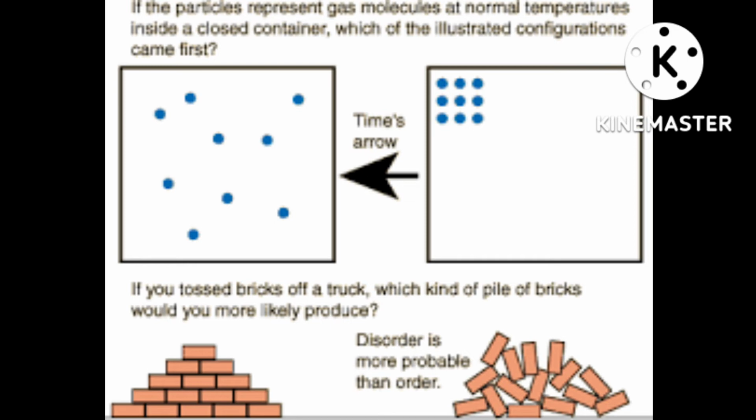Qualitatively you have seen this. Now we think about it quantitatively. How will you measure how much disorder took place? Two methods are there. One is a statistical method.